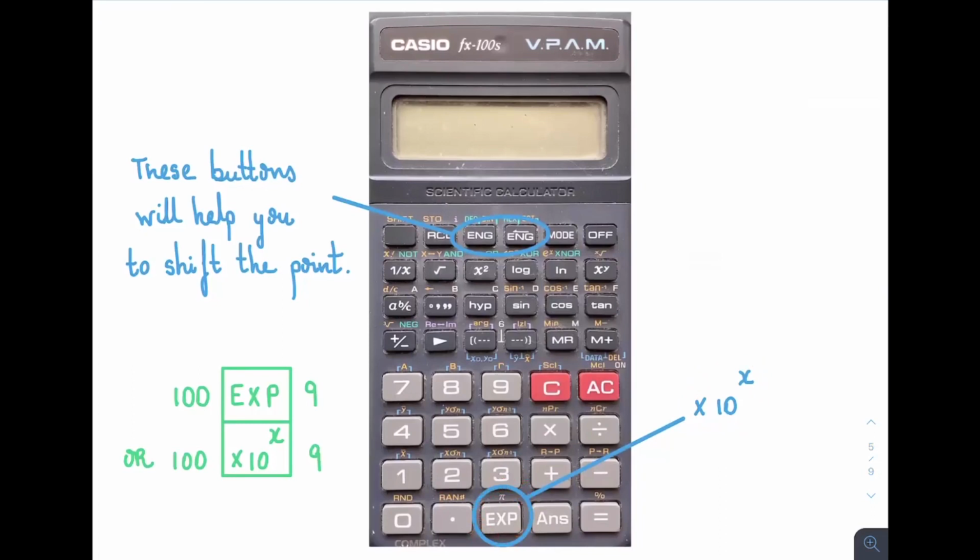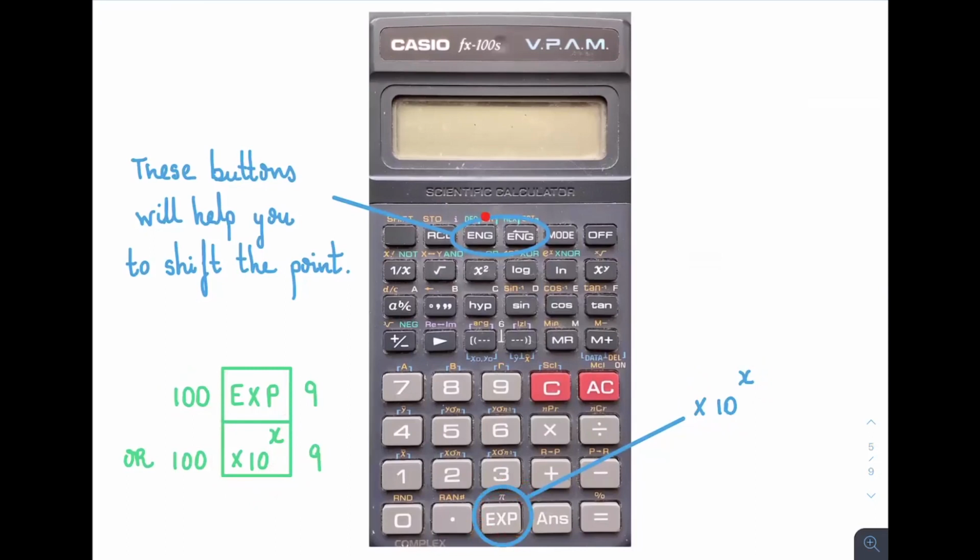All you need to do is input 100, press either EXP or times 10 to the power of x, and the power 9. And immediately you're inputting the number converted.